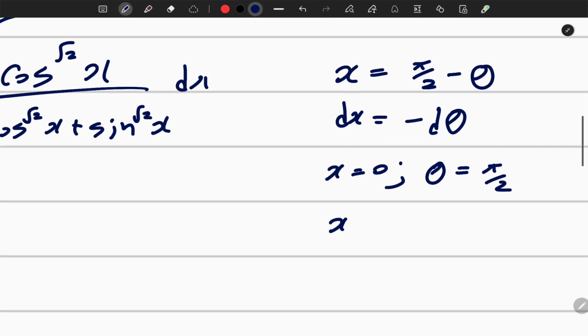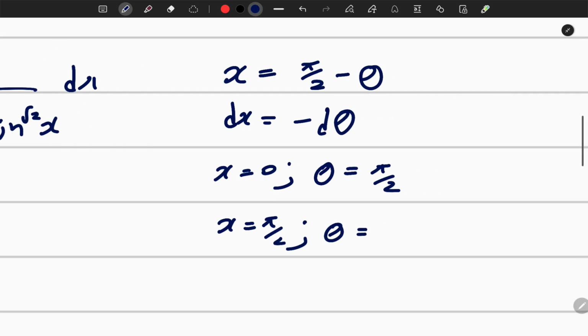When x becomes 90, theta becomes 90 minus 90, this is 0.